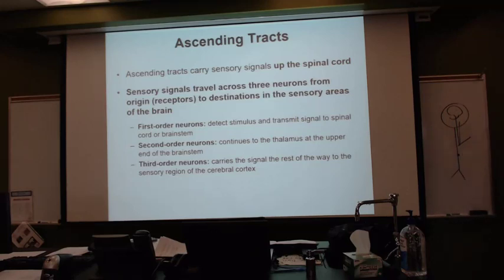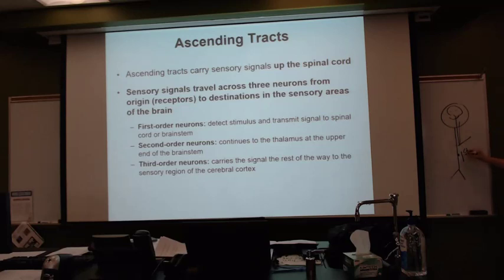All right? Now, that information, if I'm at first, second, third, that first order neuron detected the stimulus, i.e., the pressure of the chair. Now, that will travel by way of that nerve.